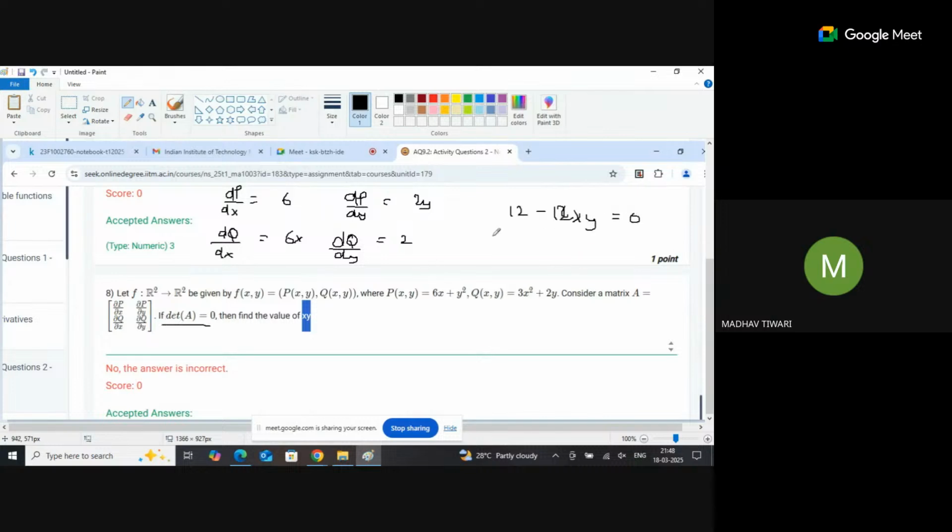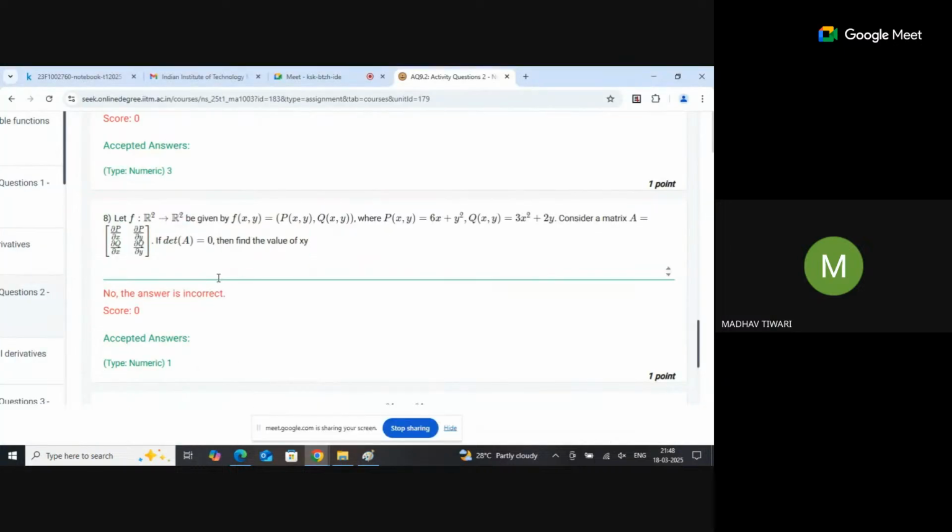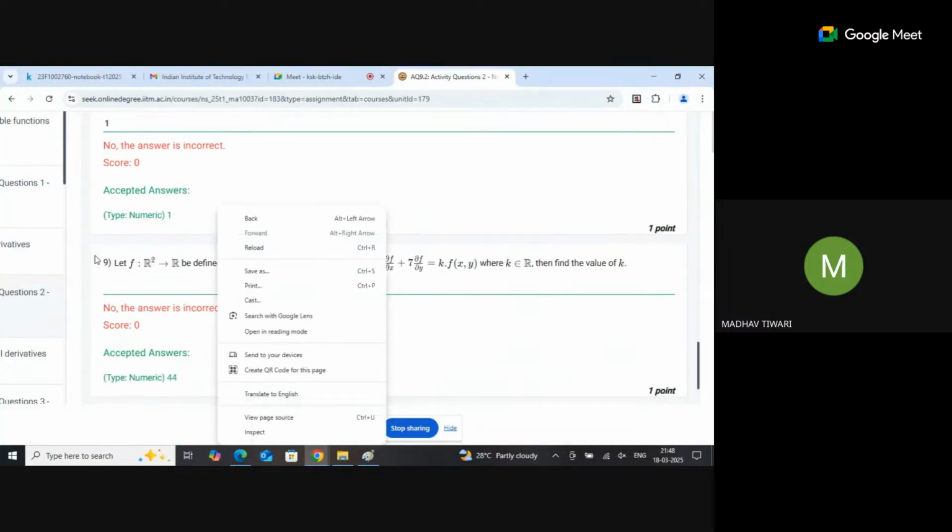So if I add 12xy both sides, I will get 12xy equals 12, and I divide by 12 both sides, so I will get xy value equals 1. Okay, it is 1.